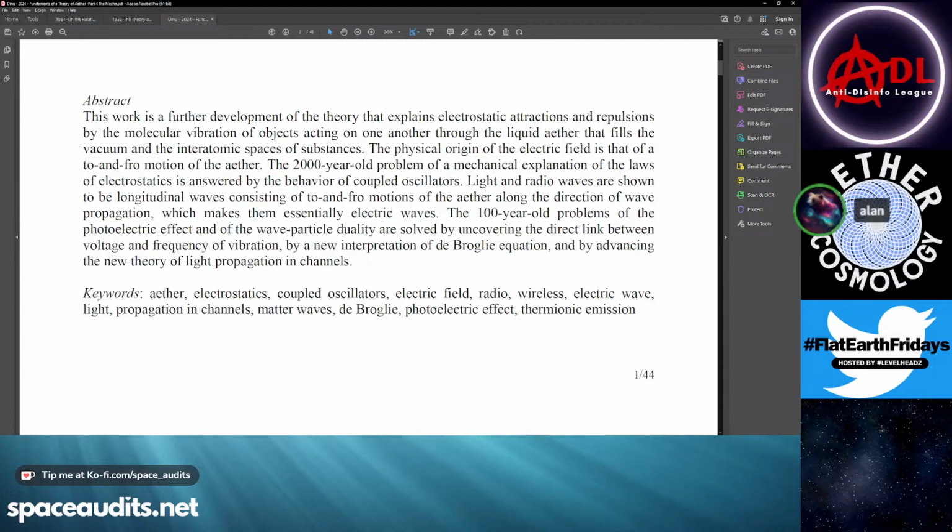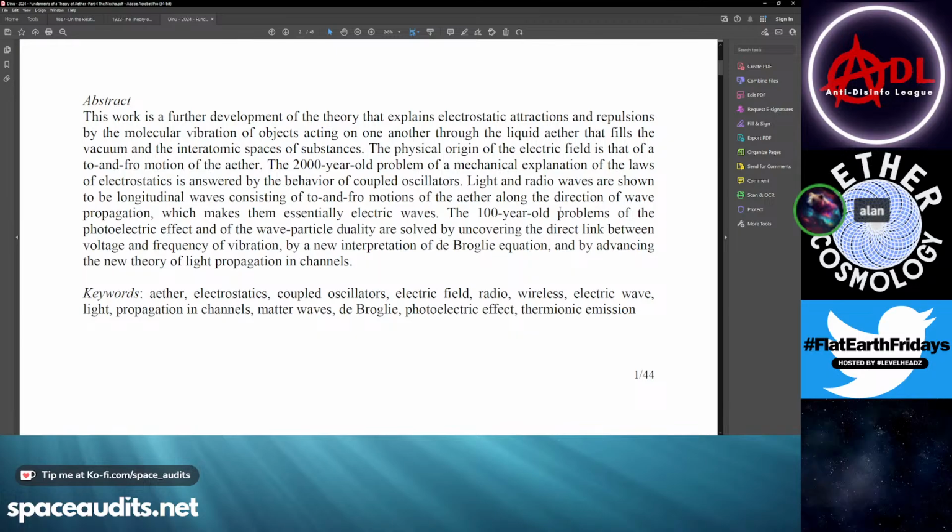The physical origin of the electric field is that of the to and fro motion of the ether. The 2,000-year-old problem of a mechanical explanation of the laws of electrostatics is answered by the behavior of coupled oscillators. Light and radio waves are shown to be longitudinal waves consisting of to and fro motions of ether along the direction of wave propagation, which makes them essentially electric waves.